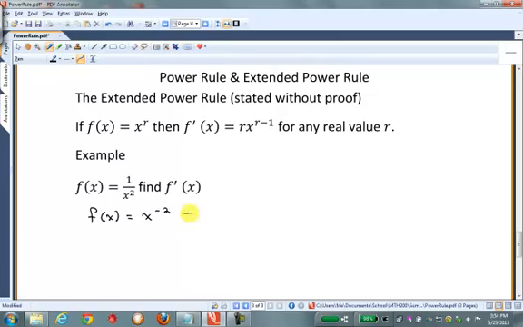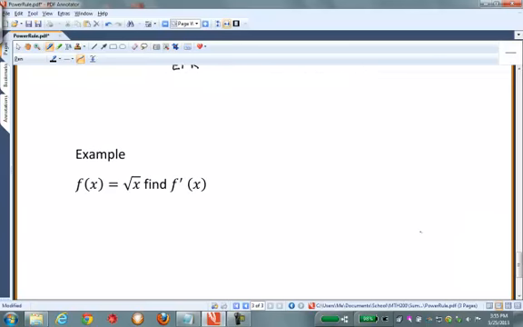Then according to the extended power rule, f prime of x is, well, the old exponent comes out in front, negative 2x, and the new exponent is one smaller, negative 2 minus 1 is, of course, negative 3, so it would be negative 2x to the negative third. And since they gave us this as a fraction, we'll return it as a fraction. It'll be negative 2 over x cubed. And there's the derivative.